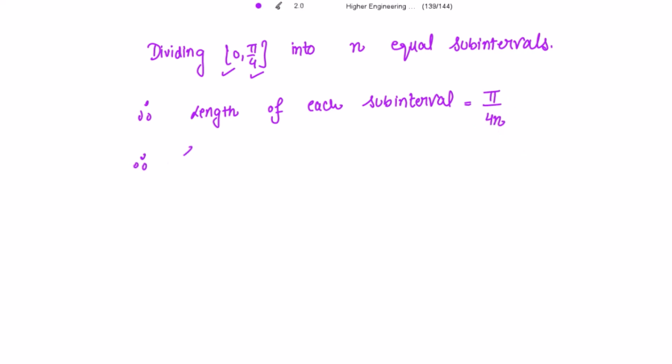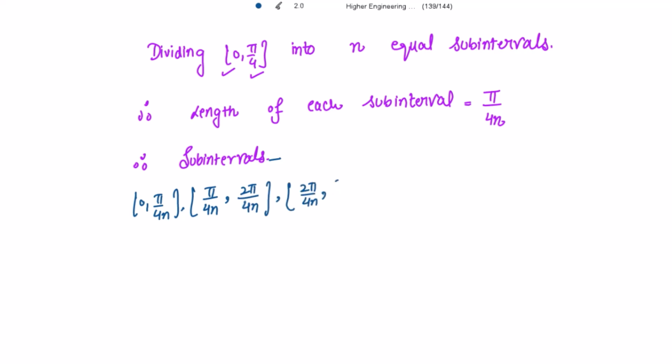Writing the subintervals: 0 to pi by 4n, then pi by 4n to 2 pi by 4n, then 2 pi by 4n to 3 pi by 4n, and so on, up to (i minus 1) pi by 4n to i pi by 4n, and continuing like this.